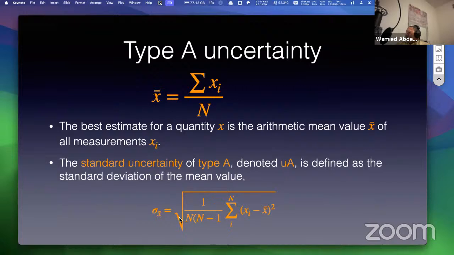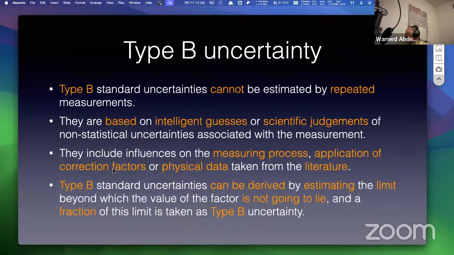And the uncertainty then would be given by the standard deviation of our measurements. So type A uncertainties, we can use statistical methods to actually get the uncertainties.